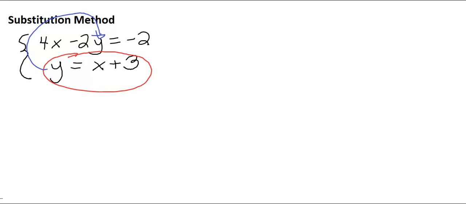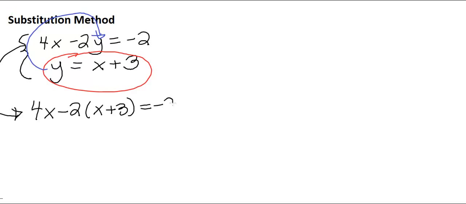All right, so let's do that. We'll rewrite our first equation as 4x minus 2, and instead of y, plug in x plus 3, equals negative 2. Okay, next we just want to distribute the negative 2 and solve. So we have 4x minus 2x, remember distribute the negative, so we get minus 6 equals negative 2.